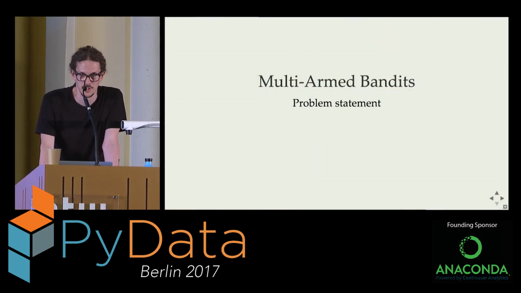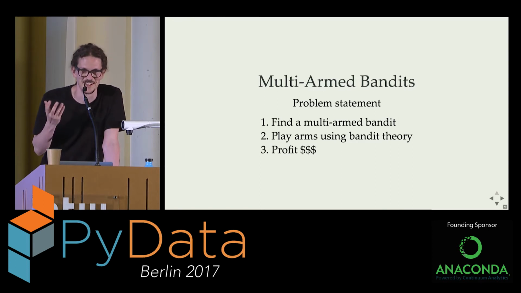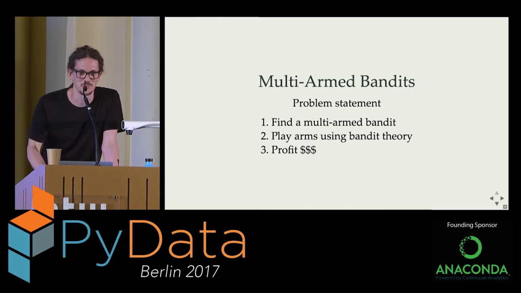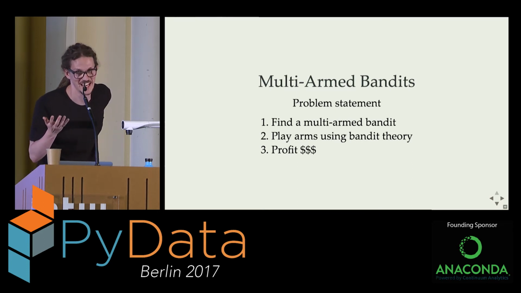So the problem statement is something like this, and I'm not joking: Step 1, find multi-armed bandits. Step 2, play multi-armed bandits using bandit theory. And the third step is profit. This is the literal problem statement for this task, right? And step 2 is spelled out here, which is kind of nice, which is rare.